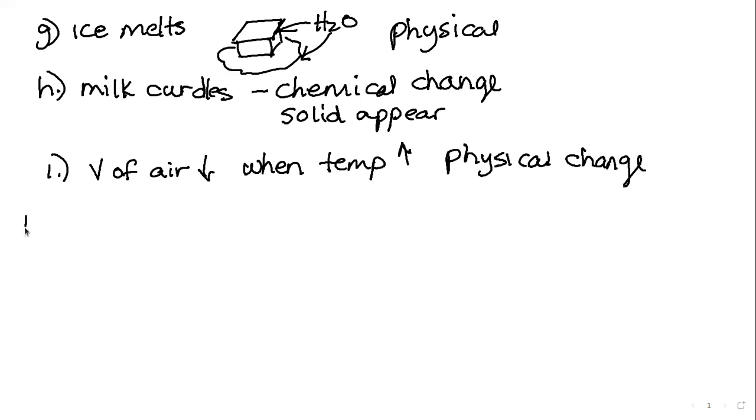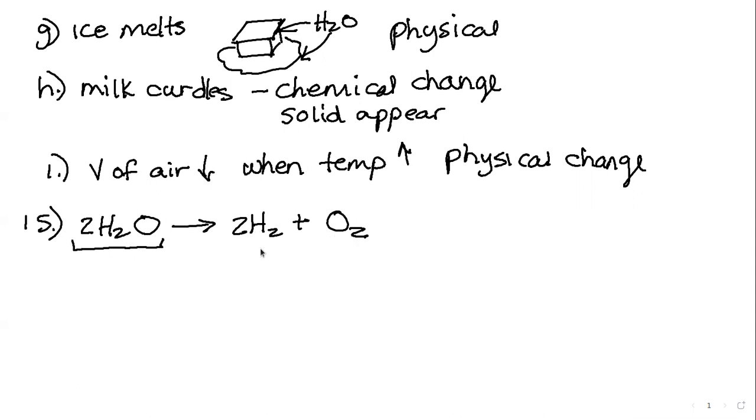Okay, 15. Would breaking down a compound into its elements be a physical or a chemical change, and why? Well, let's look at H2O. We're going to break H2O down into its elements, which are hydrogen and oxygen. So we need 2 of these, and we need 2 of these. So this is a chemical reaction. This is what you start with, which is water, and this is what you end with, which is hydrogen and oxygen.